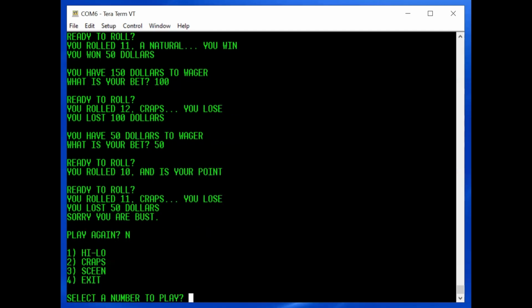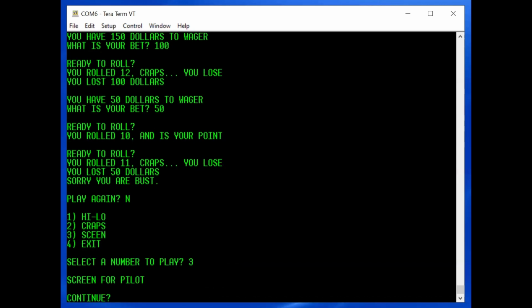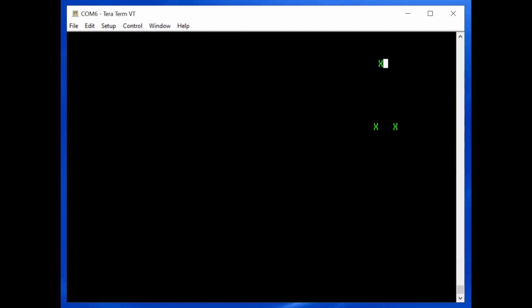Okay, and our last game is not a game at all, really. This is our screen program that we have seen a few times. And we're going to go ahead and run this screen for Pilot. Ready to go? Yes. And we can see that we have our cursor. Cursor controls are available to us in Pilot.